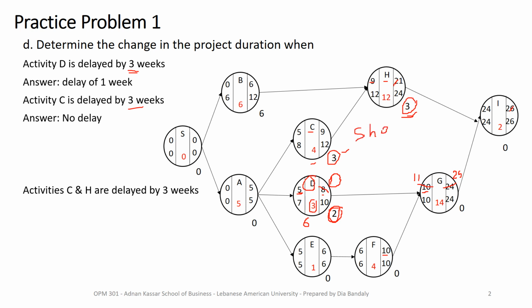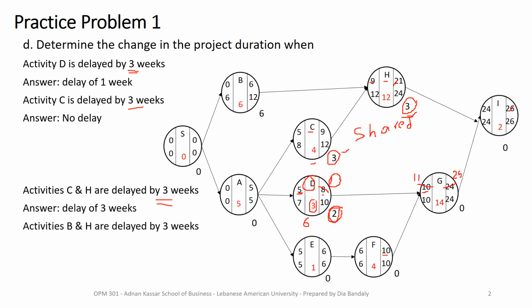It's a shared slack between activity C and H, which means if activity C used 1 week, what's remaining for H is 2 weeks. If activity C used 3, nothing will remain for H. So that means that when both activities are delayed by 3 weeks, my project will be delayed by 3 weeks. And here we go.